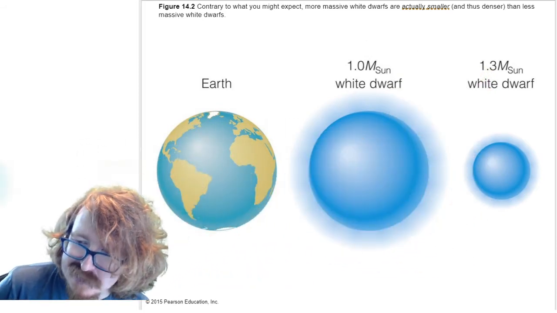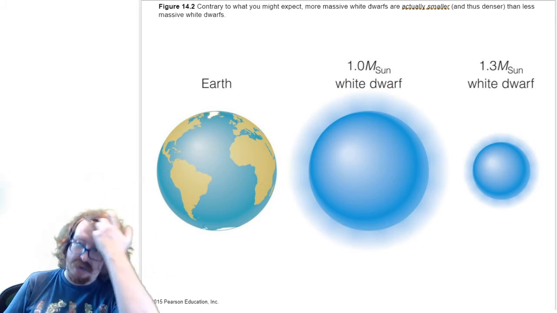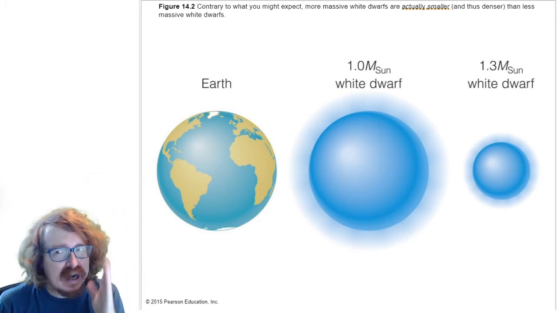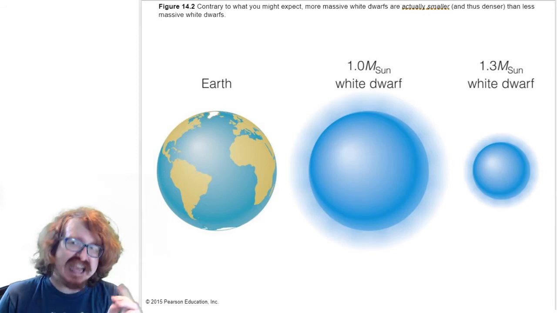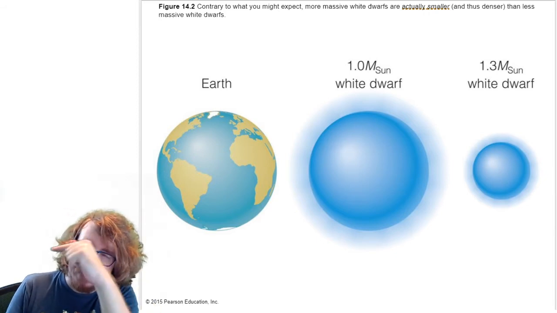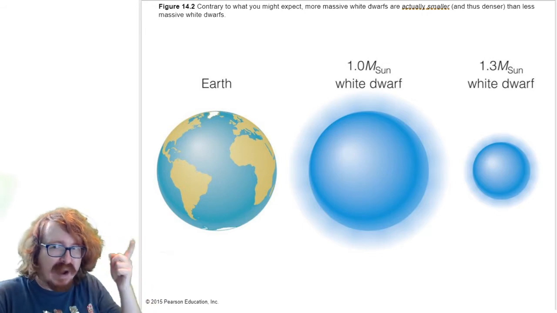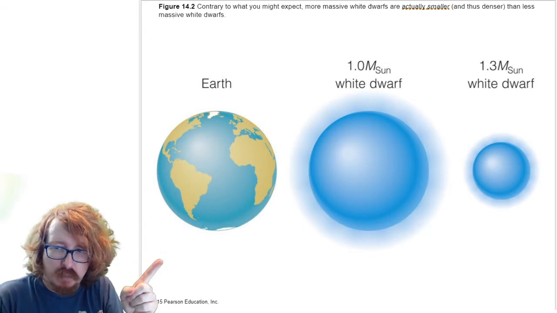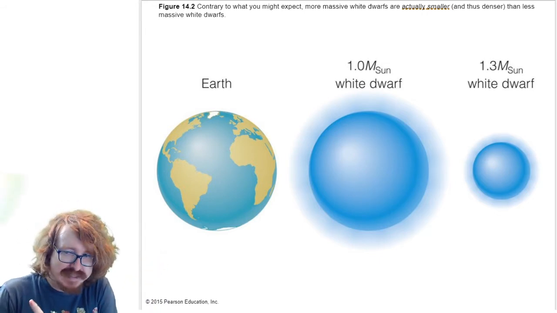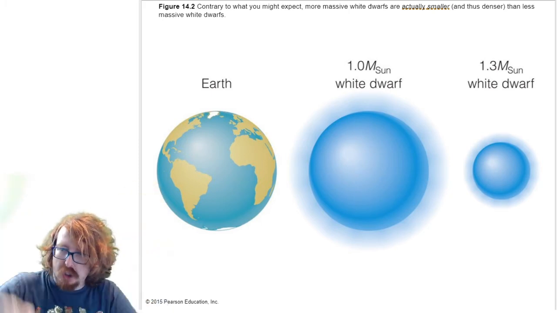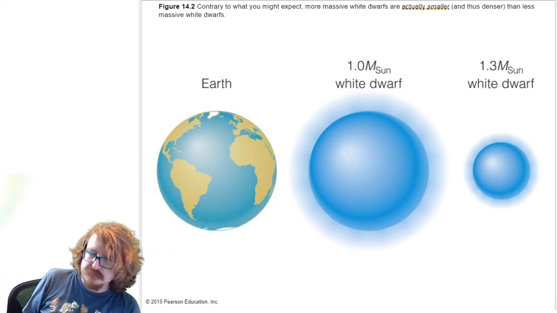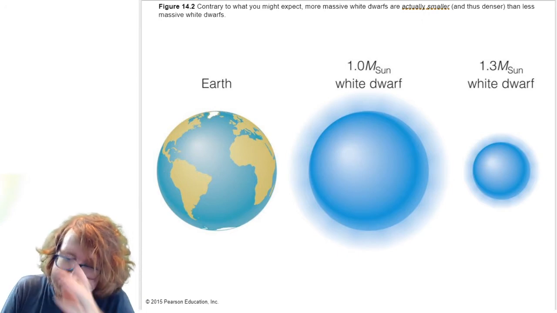So yeah, something's up with the density here. So it turns out that unlike every stage that you learned about in the last few videos, where bigger masses meant bigger stars, for white dwarfs, it's backwards. Bigger masses means smaller stars. Now, why is that?